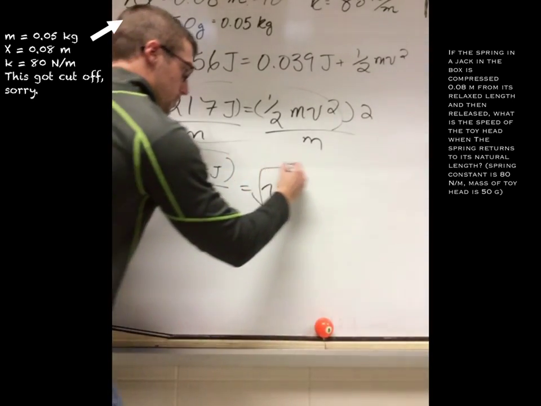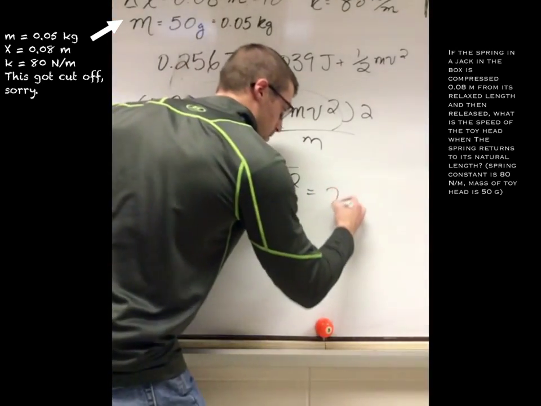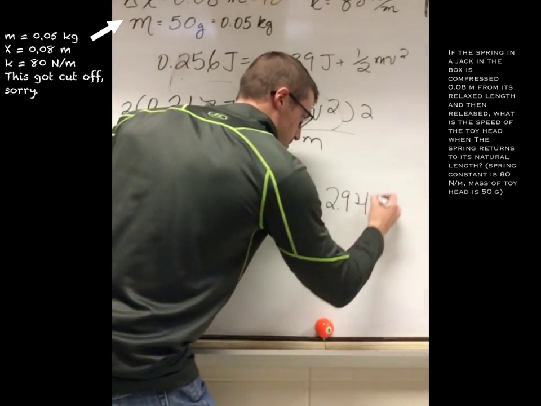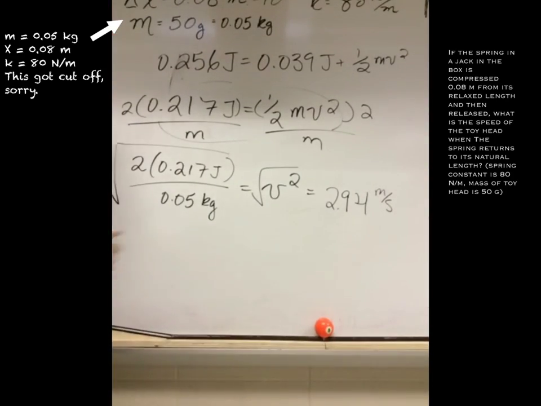Take the square root of both of those, and we end up getting for a final answer that the jack-in-the-box was going 2.94 meters per second. So 2.94 meters per second is our correct answer for this problem.